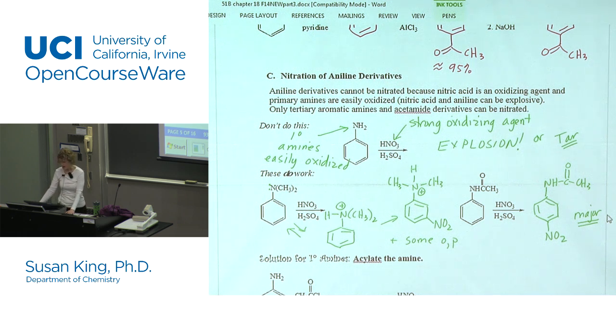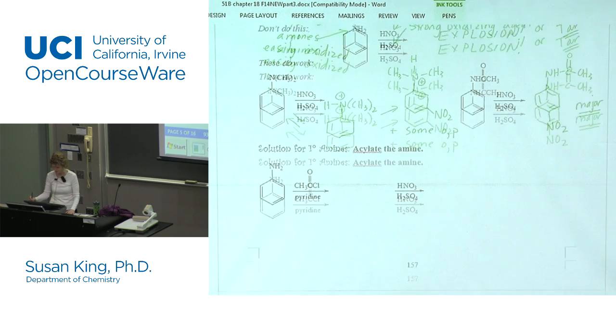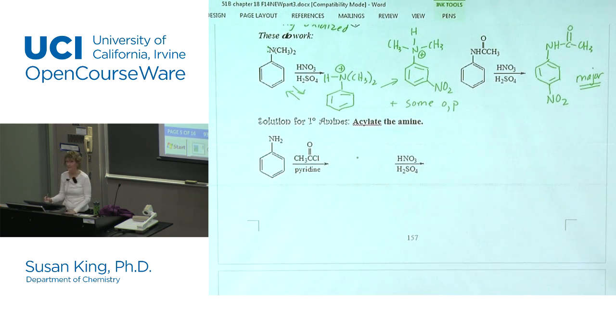All right, so if you have a primary amine, if you have aniline and you want to nitrate it, you have to acylate it. So we're going to do the same exact thing that we've been doing here. We're going to acylate this. That tones down the reactivity of that nice nitrogen immensely, because now that lone pair likes to hang out on oxygen in that resonance structure.